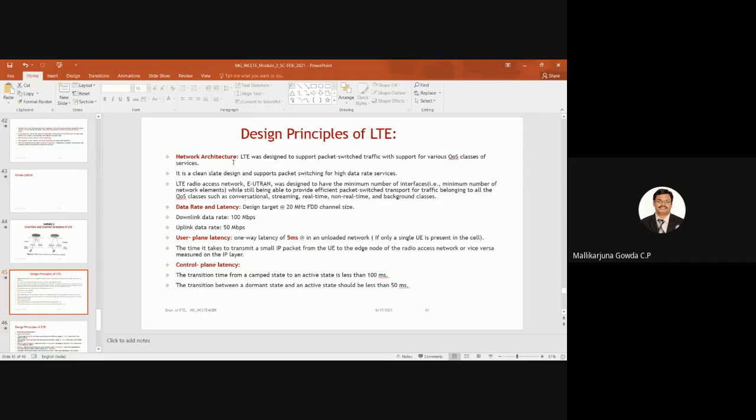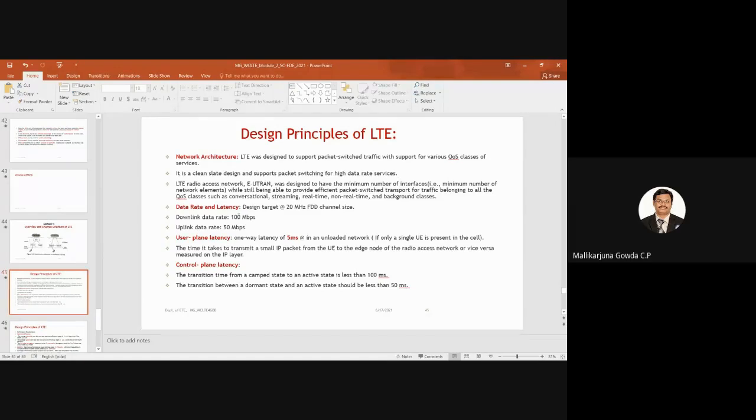The second thing is about the data rate and the latency. The targeted design specifications at 20 megahertz bandwidth are a downlink data rate of 100 Mbps and an uplink data rate of 50 Mbps.